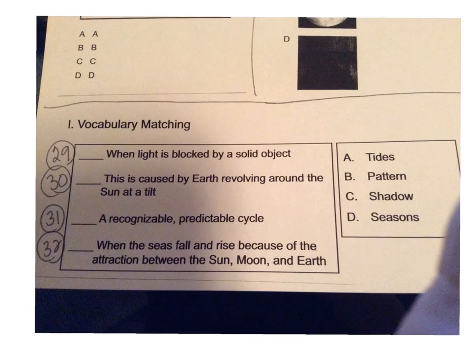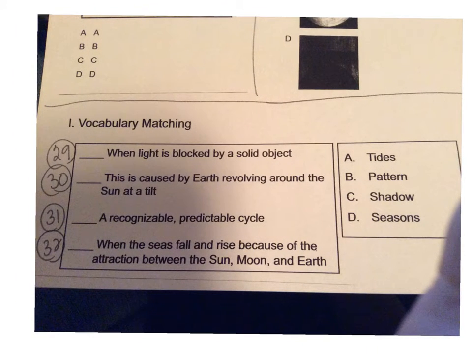Okay, and our last vocabulary. So we have A, tides, B is pattern, C is shadow, and D is seasons. So for number 29, it says when light is blocked by a solid object.